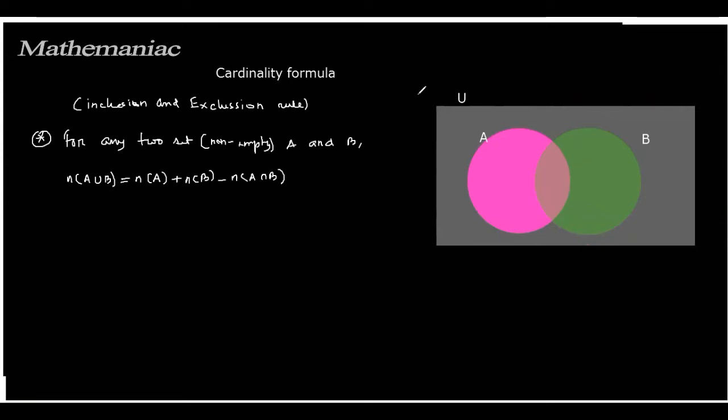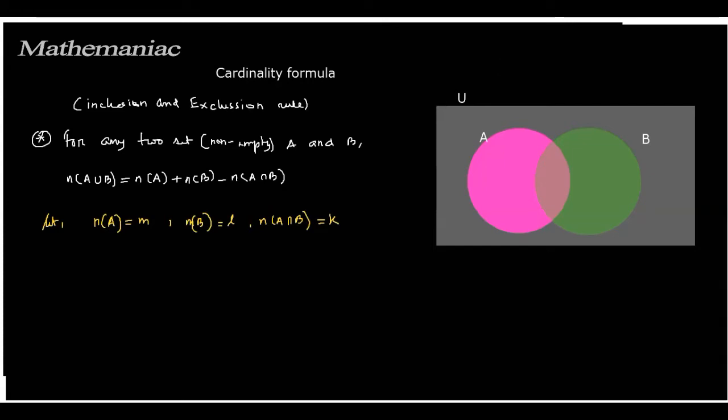First, let me write here for the proof. Let's consider the number of elements in the set A to be m. There are m elements in A. There are, say, L elements in B, and there are K elements in the common portion. Now you see these m, L, and K are the number of elements, not the elements. Be very, very precise about this.